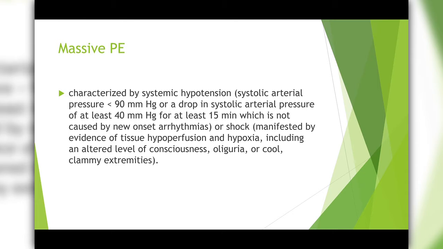Massive PE is characterized by systemic hypotension, which is a systolic blood pressure less than 90 mm mercury, or drop in systolic pressure of at least 40 mm mercury for at least 15 minutes, which is not caused by a new onset arrhythmia, or shock evidenced by tissue hypoperfusion, hypoxia, altered consciousness, oliguria, or cool, clammy extremities.